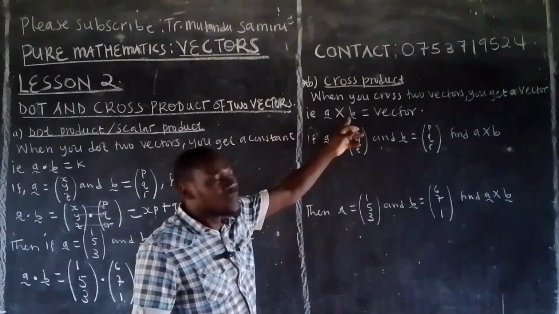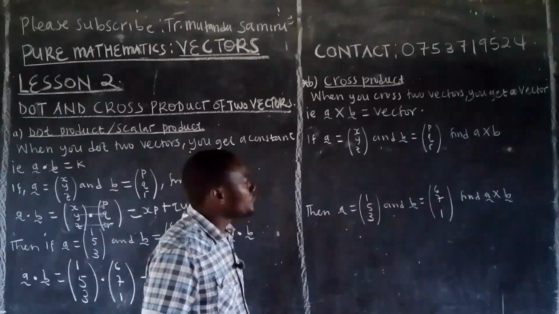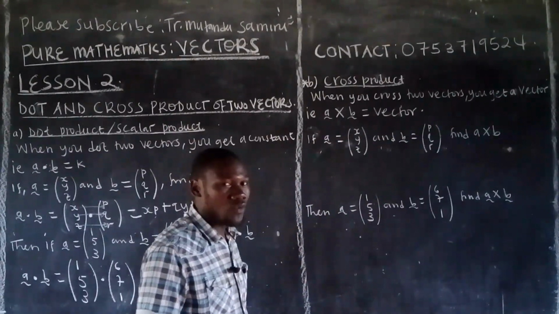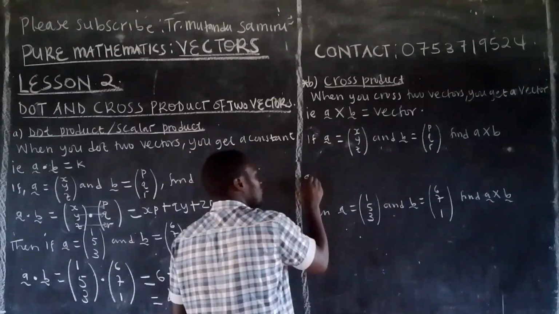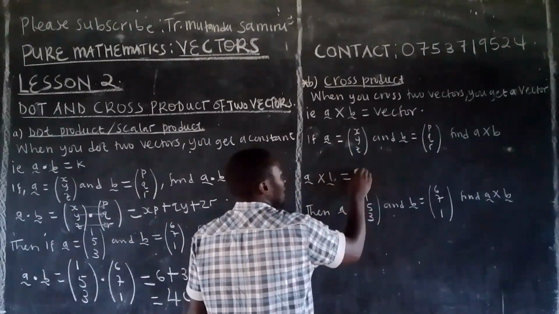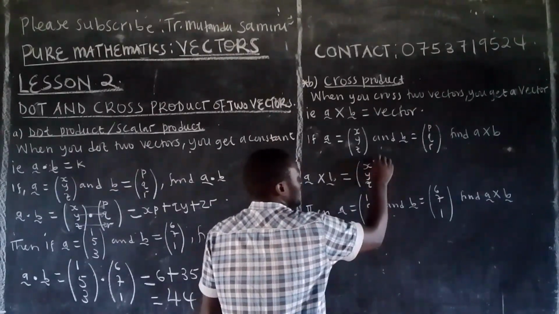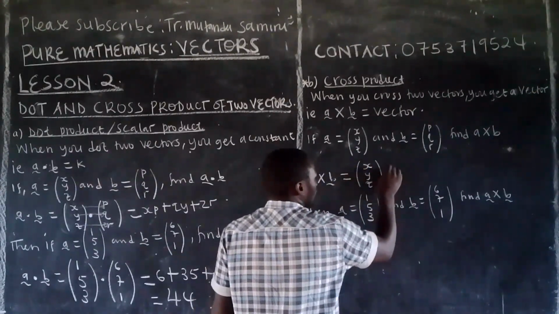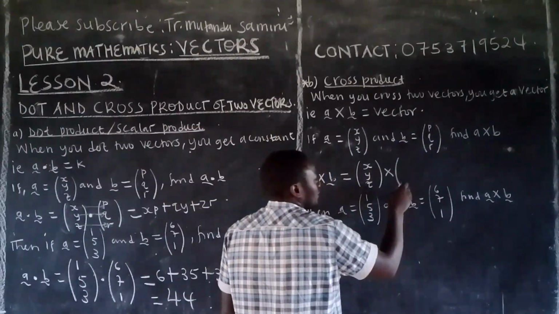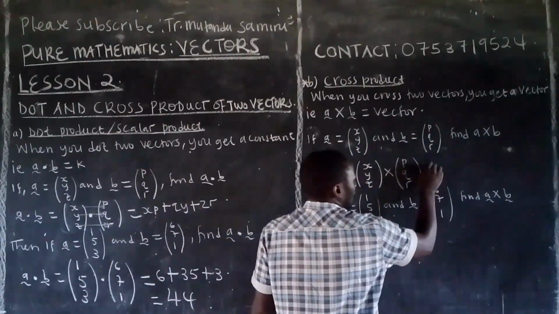Here, a cross b. That's how we write it, and it equals a vector. We have an example here. Vector A is that and vector B is that. Find A cross B. So we shall say vector A cross vector B is as good as x, y, z, cross, p, q, r, like that.